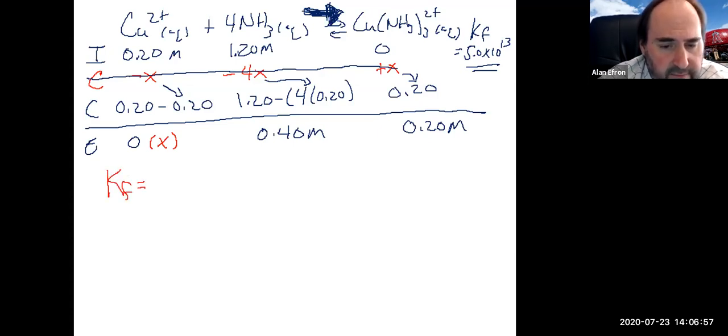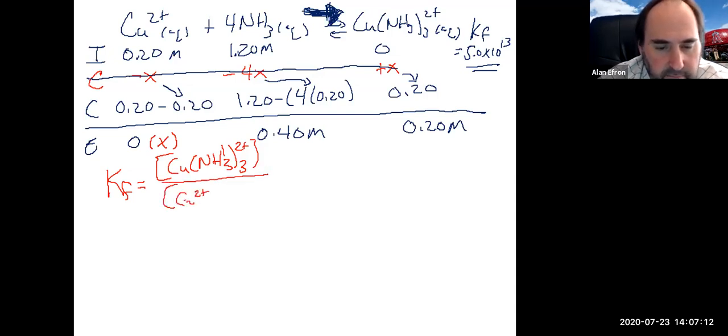So Kf would be the concentration of our products divided by our reactants. Again, we want to remember that we do have to take that to the fourth, and that's going to equal 5 times 10 to the 13.